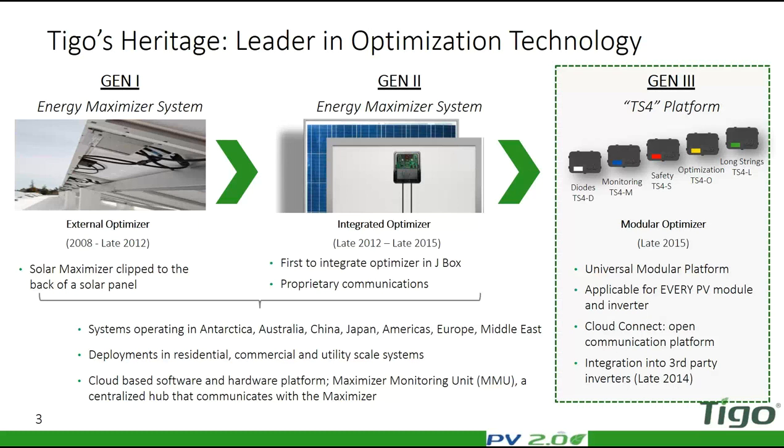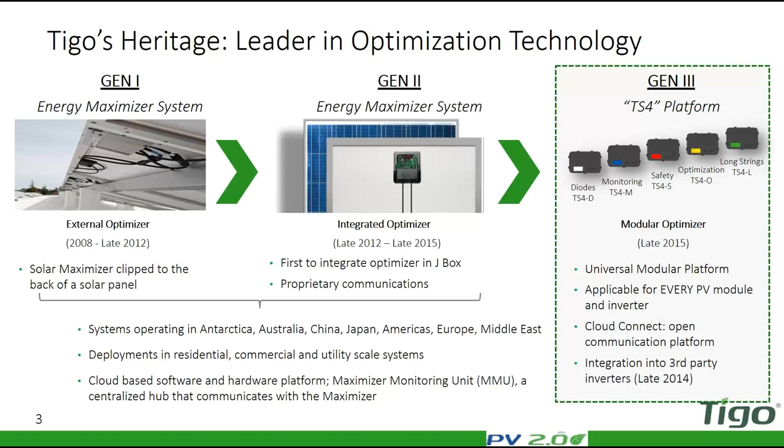In 2008, we already shipped our first optimizers, or module maximizers, as a retrofit solution only. They were mounted to the panel frame, and the goal was purely to gain more energy and mitigate mismatch.